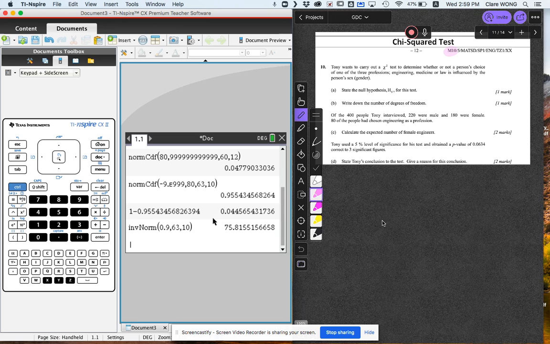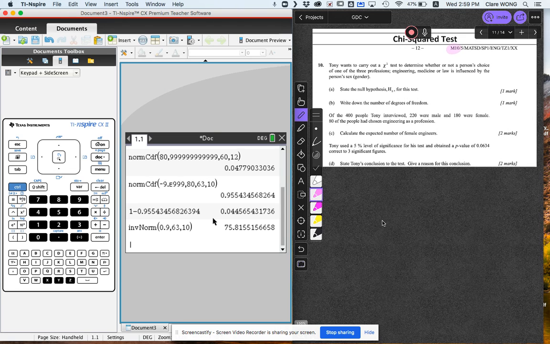So now we have question 10. We need to carry out a chi-square test to determine whether or not a person's choice of one of the three professions, engineering, medicine, and law, is influenced by the person's gender. State the null hypothesis, 1 mark.